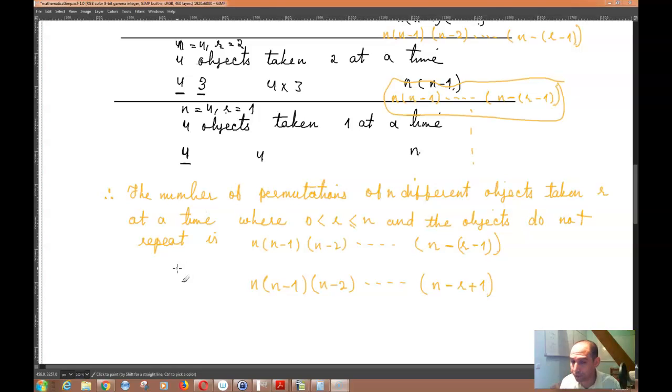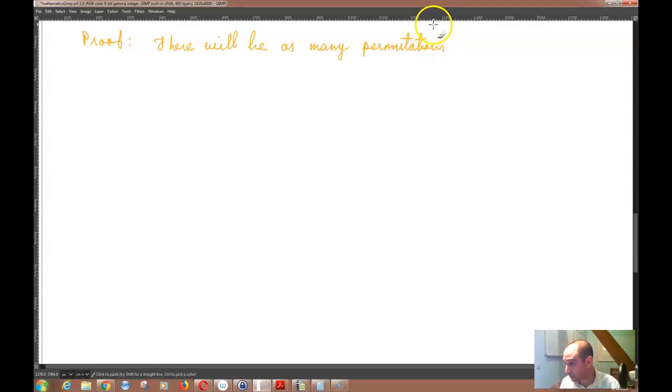The proof is there will be as many permutations as there are ways of filling n vacant places by n objects.